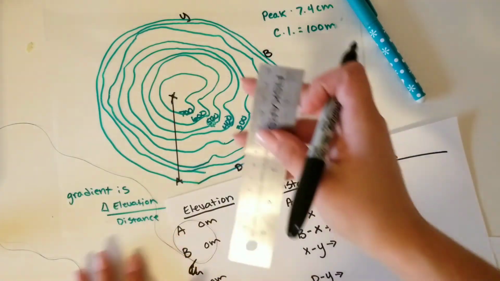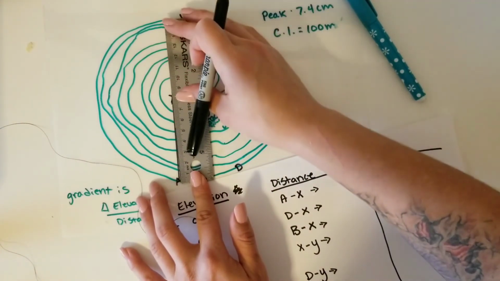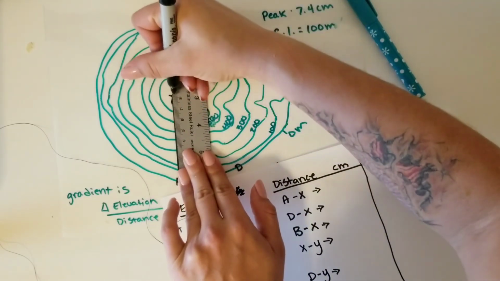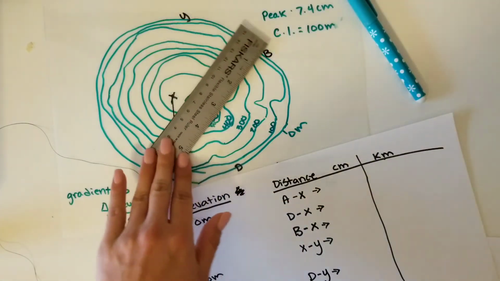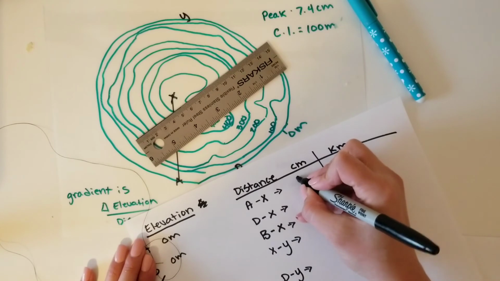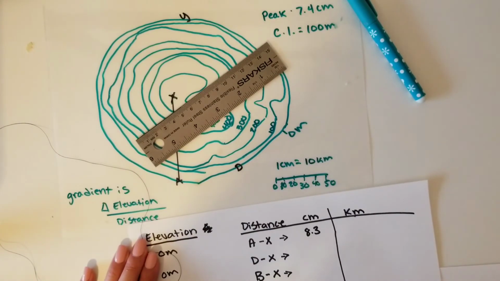Let's measure this out. That distance, marking it to the center of the X, is 8.3 centimeters. I don't know if my arm was in the way the whole time, I'm sorry. So remember, our scale was 1 centimeter equals 10 kilometers.